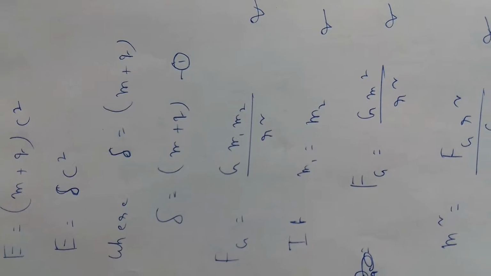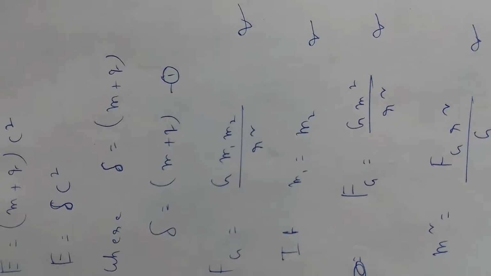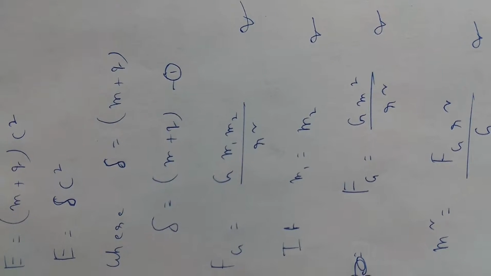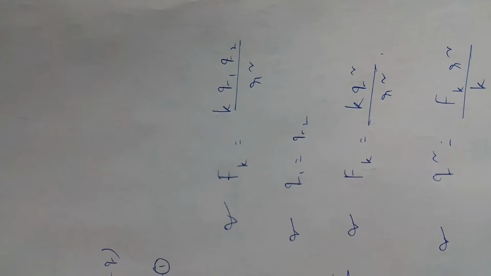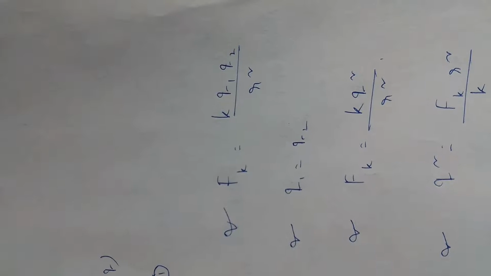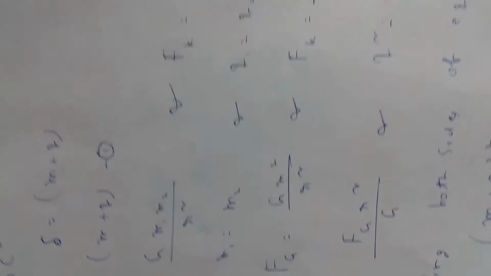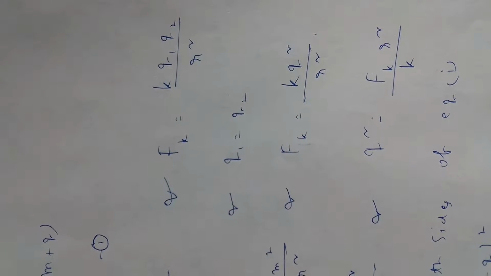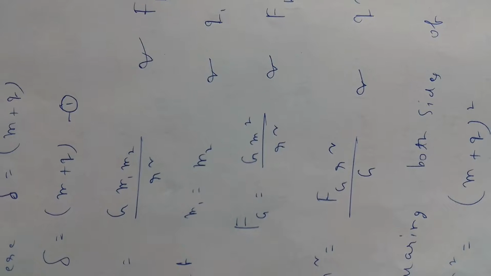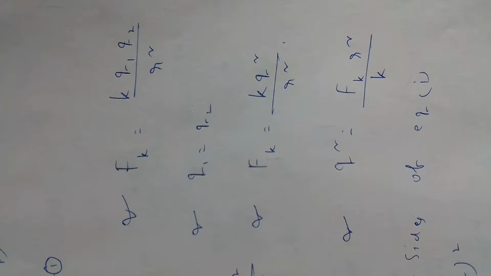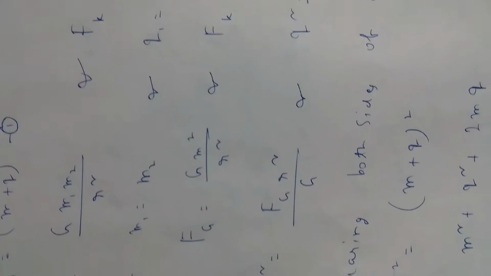Gravitational force is G m1 m2 divided by r square, and electrostatic or electromagnetic force is K q1 q2 divided by r square. If m1 equals m2 and q1 equals q2, then Fg is G m square by r square, and Fk is K q square by r square.